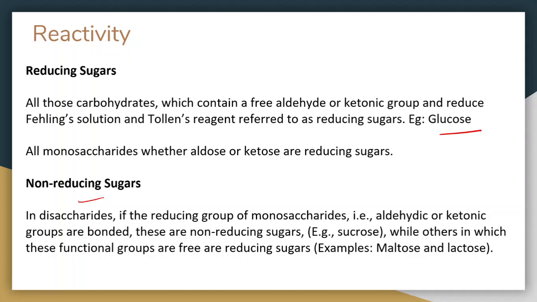Here the aldehydic or ketonic groups are bonded, they are not free. That is why they are called non-reducing sugars. Example is sucrose. While others in which these functional groups are free are reducing sugars, right? So that is the difference between reducing and non-reducing sugars.